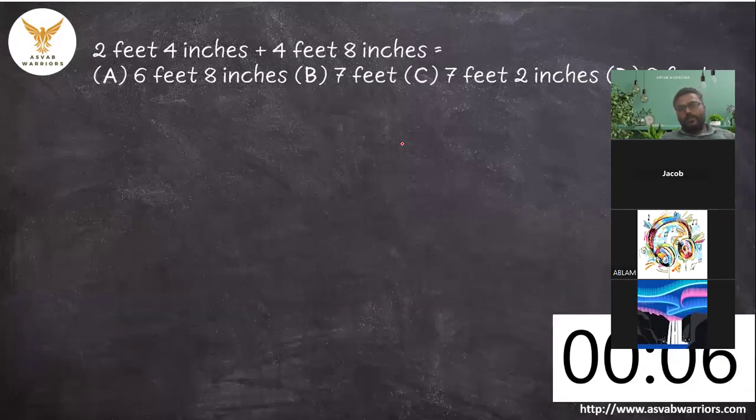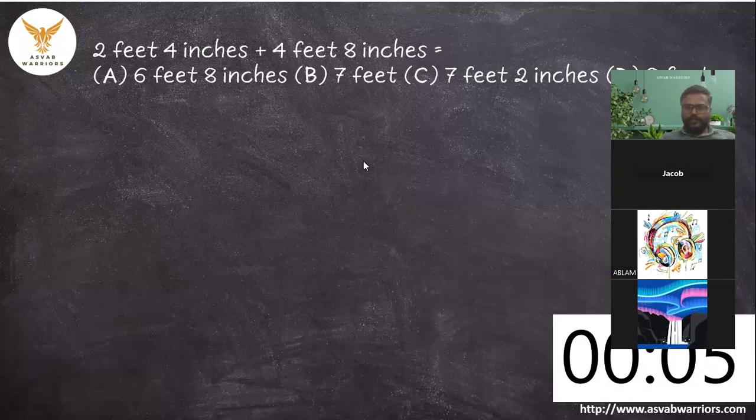Do you want me to solve this? Okay, Jacob got A, Ablam got B. Okay, let me do one thing. Let me solve it for you.